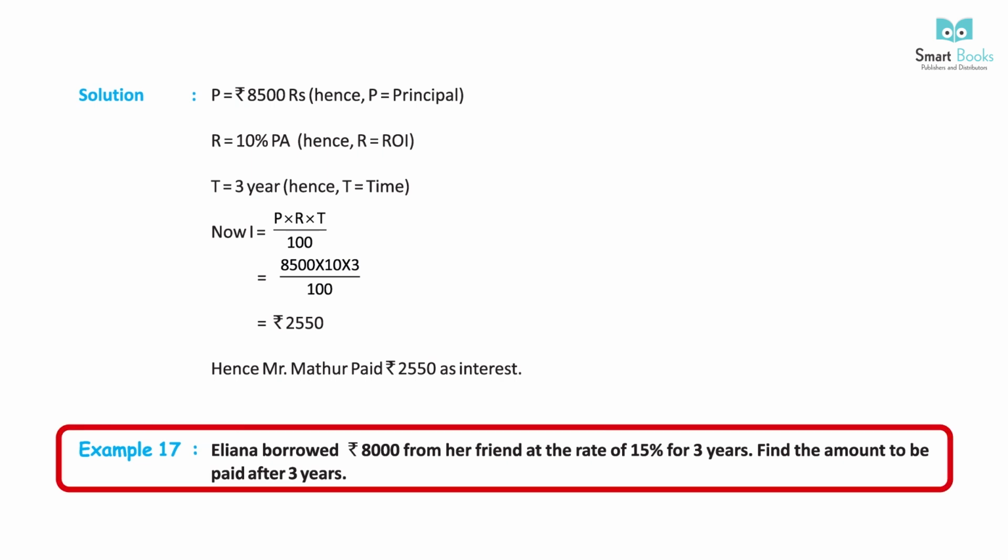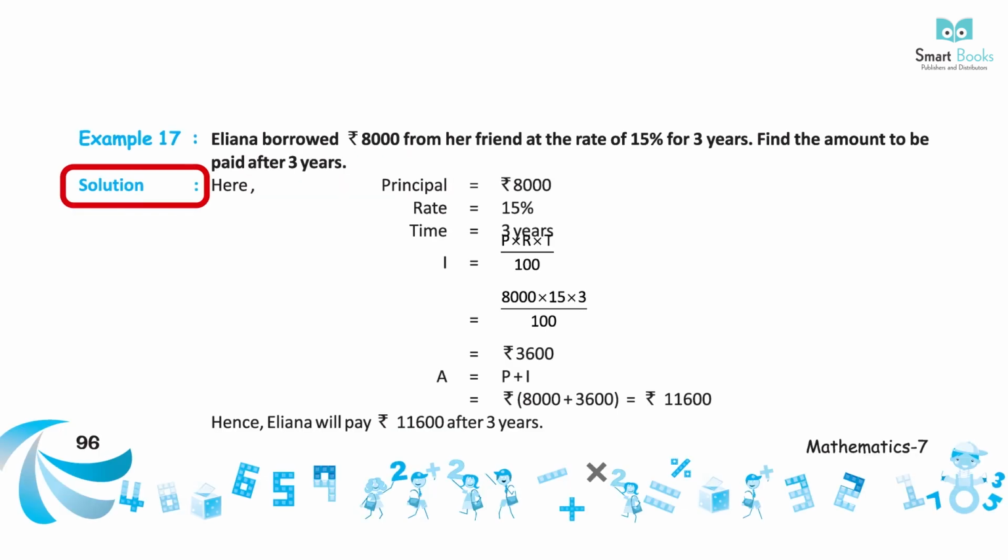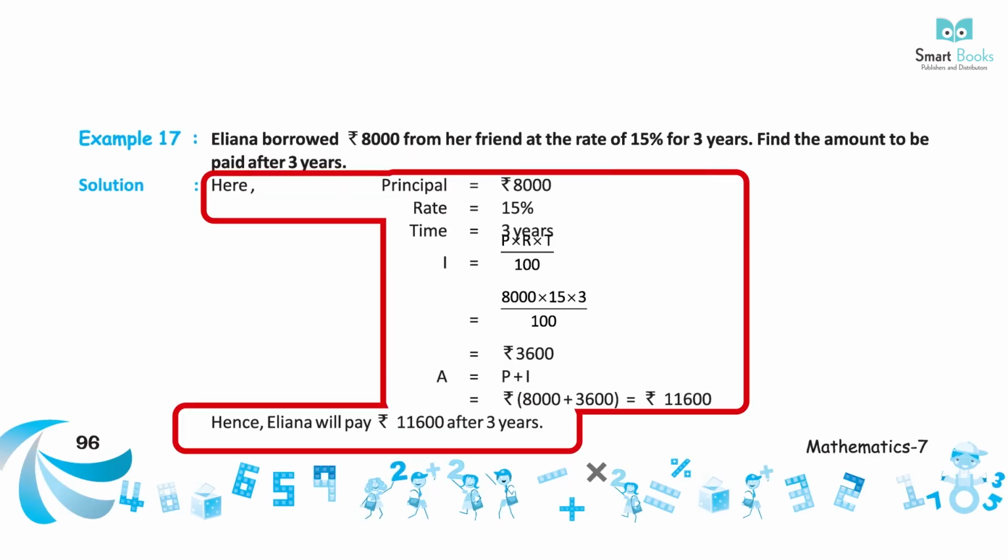Example 17. Ilyana borrowed rupees 8,000 from her friend at the rate of 15% for 3 years. Find the amount to be paid after 3 years. Solution: here principal is equal to rupees 8,000, rate is equal to 15%, time is equal to 3 years.